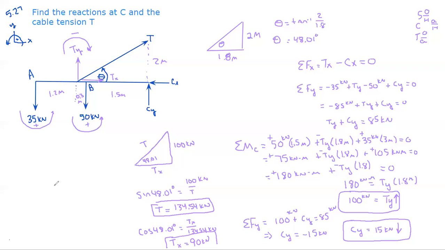That one's very important for us because we said that the summation of the forces in the x direction was TX minus CX equals 0. 90 kilonewtons minus CX equals 0. Therefore, CX is equal to 90 kilonewtons.